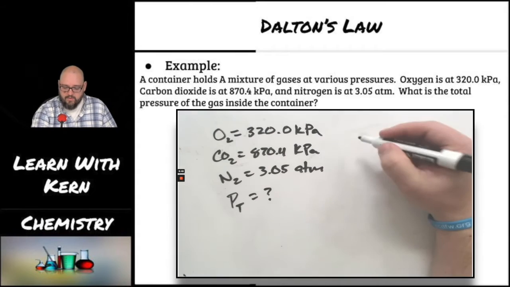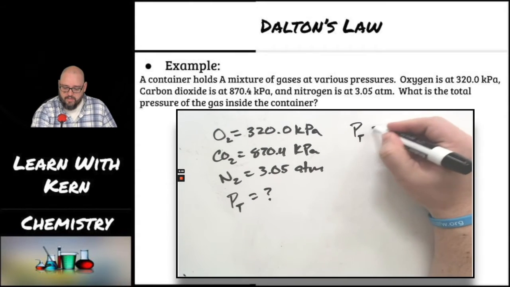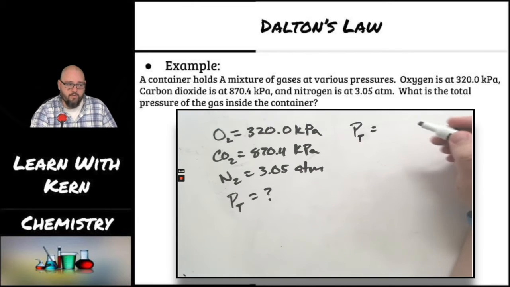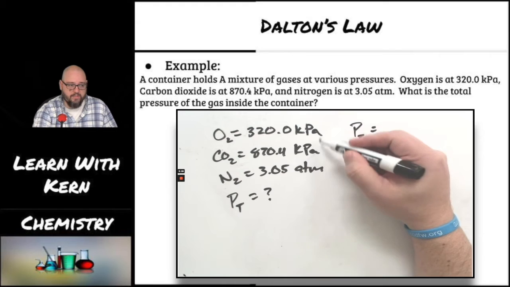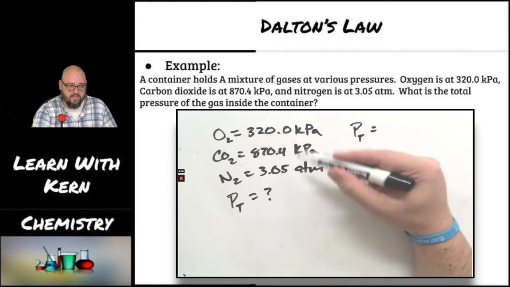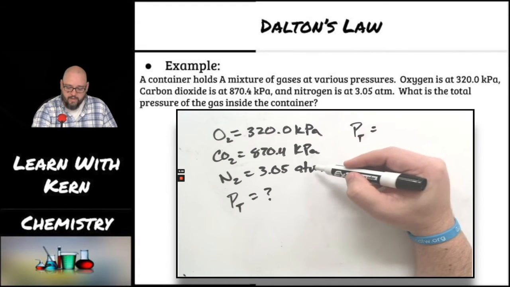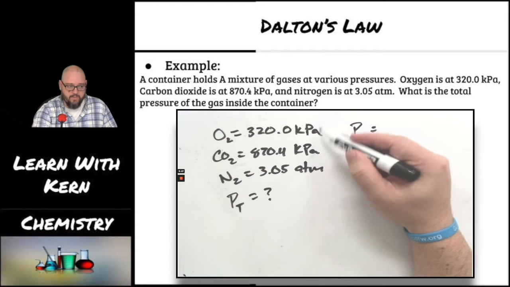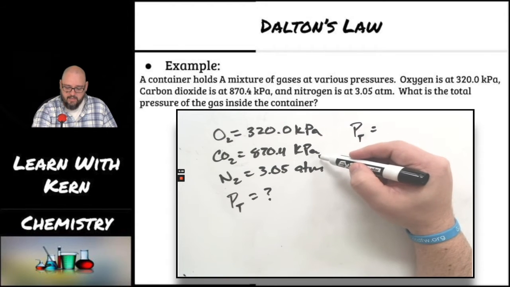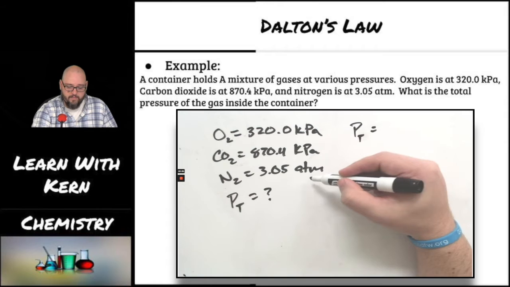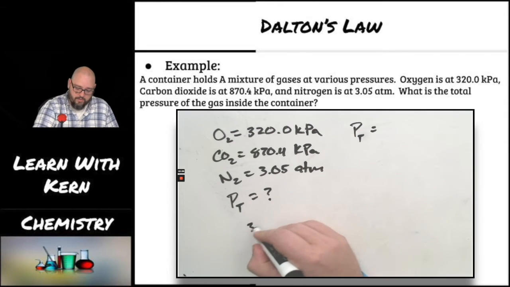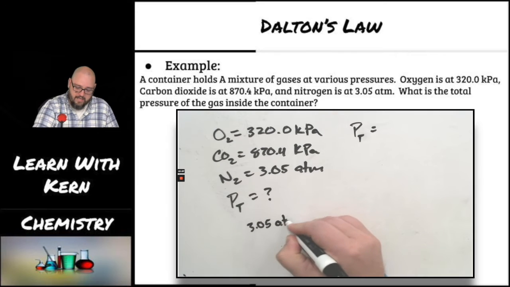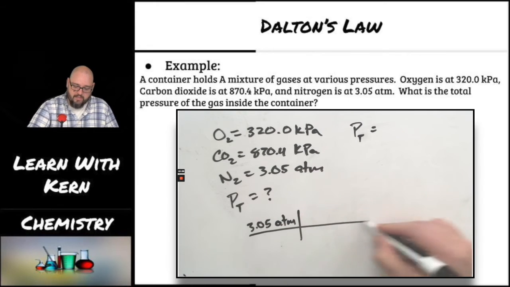So I know that my total pressure is simply the sum of all those pressures. But I do know that I have to have them all in the same unit. So since these are already in kPa, I'm going to leave them in kPa and just convert this one from atmospheres to kPa. So I have to convert 3.05 atmospheres to kilopascals.